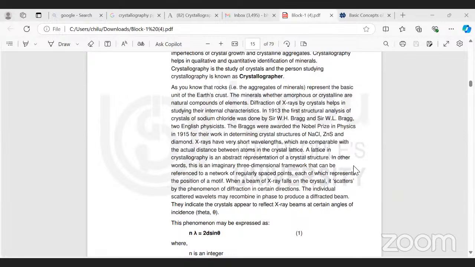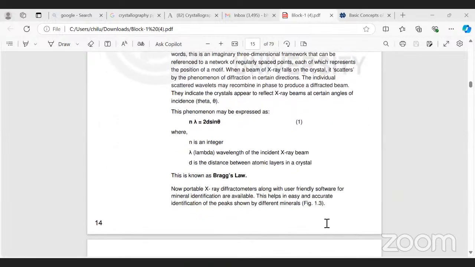based on this work, and they introduced one principle for studying the structures of NaCl, zinc sulfide, and diamond also, with this principle: n lambda equals 2d sine theta, where n is an integer.